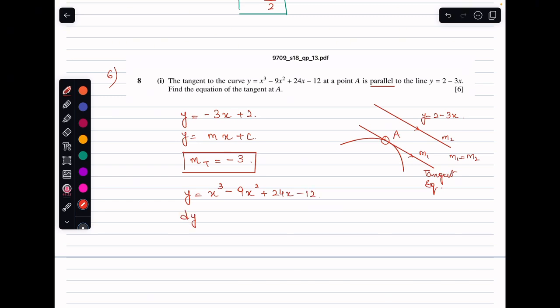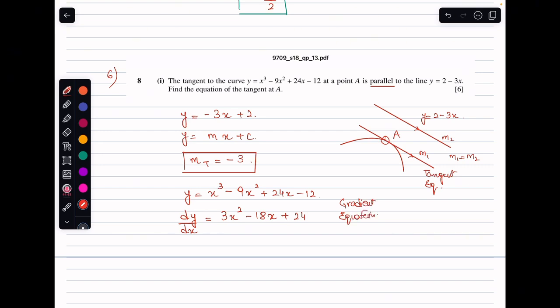I can say that dy by dx shall be equal to 3x squared minus 9 times 2, giving me 18x, and then plus 24. So this is the gradient equation that I have.